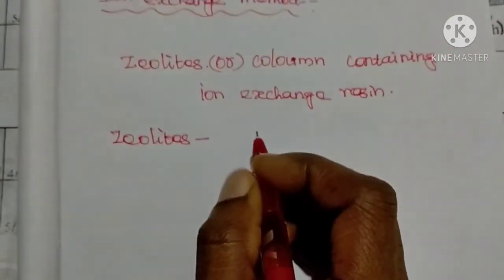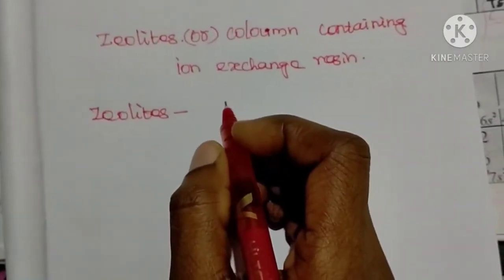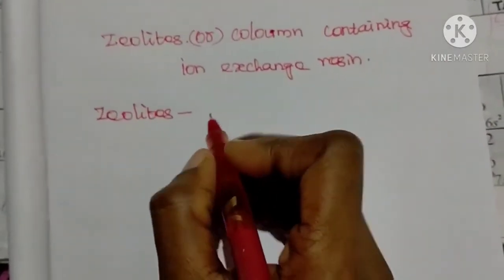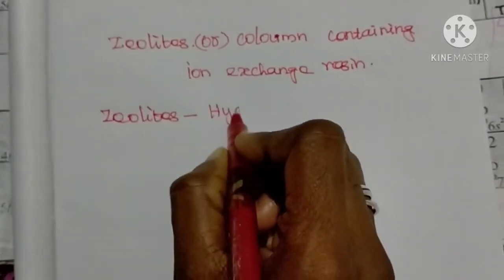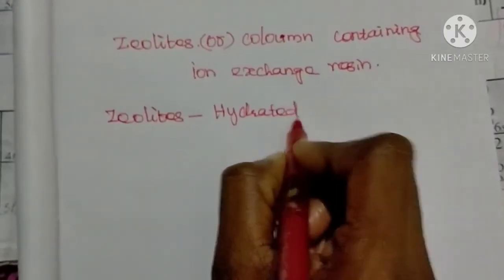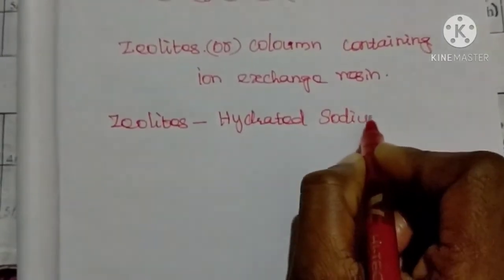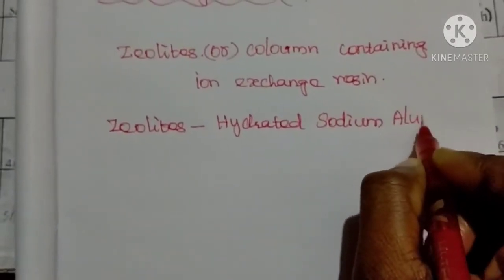The general formula of zeolites: here we use one of the zeolites, hydrated sodium aluminosilicate.